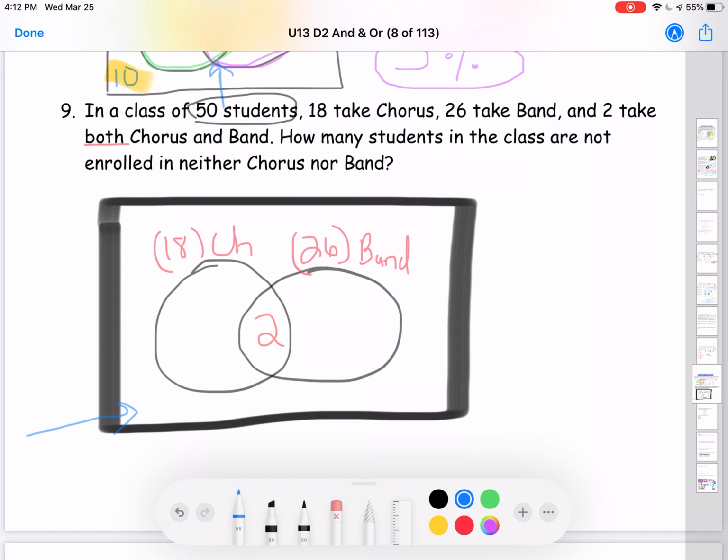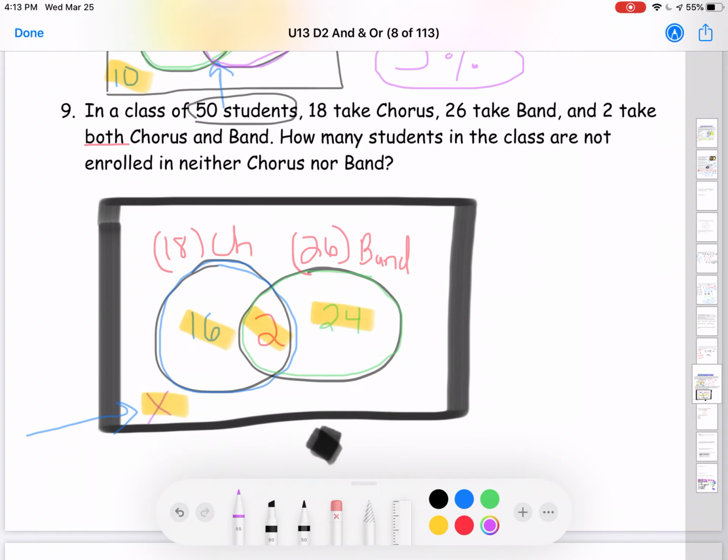Well, let's see. This whole circle is 18. I have 2 of it, so this must be 16. This whole circle is 26. I have 2 of it, so this must be 24. And now we'll let this be X. And then remember what I said a second ago, this plus this plus this plus this give me my total.